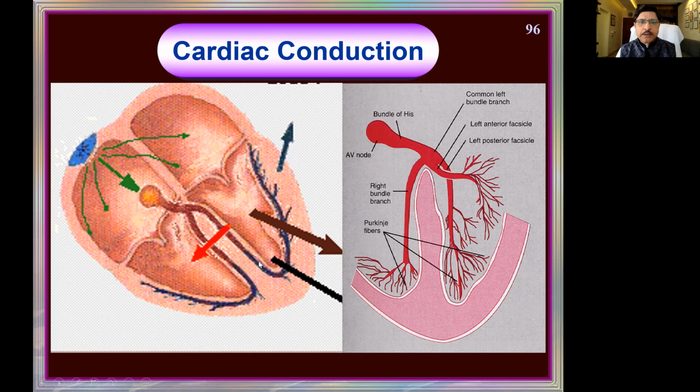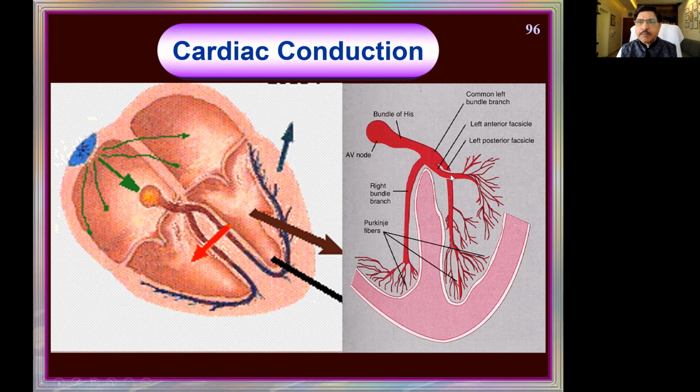For that to happen, there is a specialized conducting system. Through the wires, the impulse passes very quickly. Otherwise, for the impulse to pass through the ventricle's muscle itself, it takes a long time, which we will see when we see the ventricular arrhythmias and premature beats. Okay, now this bundle of His, and then there is the left branch and the right branch.